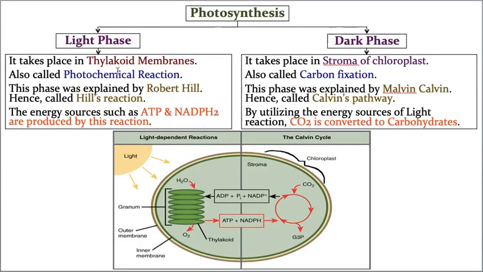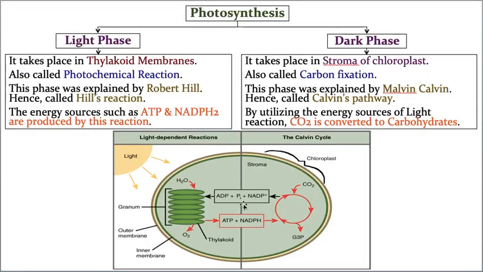Whereas in the light reaction, ATP and NADP, that means energy sources, are produced. Then what happens in the dark reaction? Here, the ATP and NADP produced by the light reaction are utilized, and they produce the food material using these energy sources.